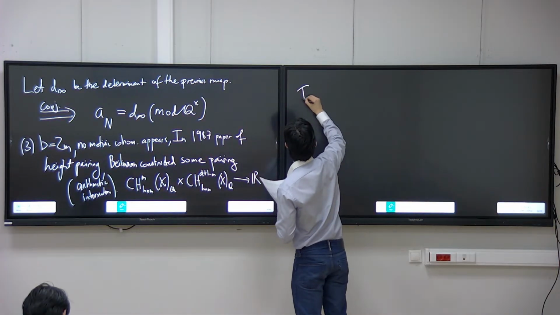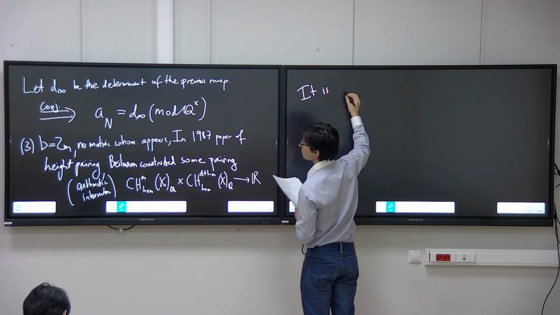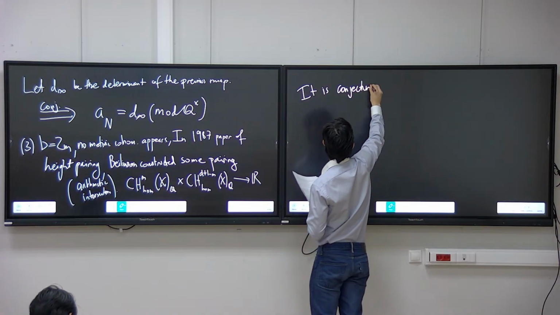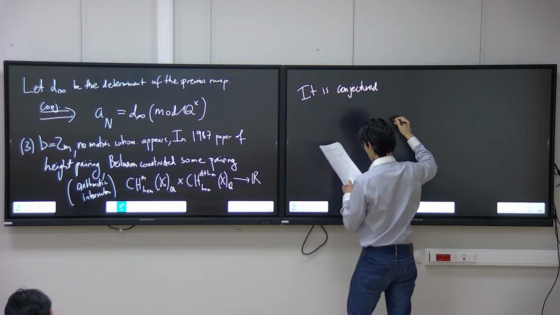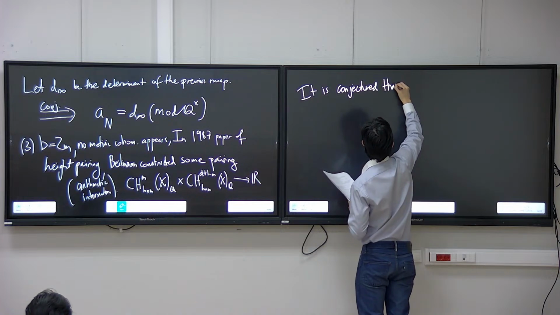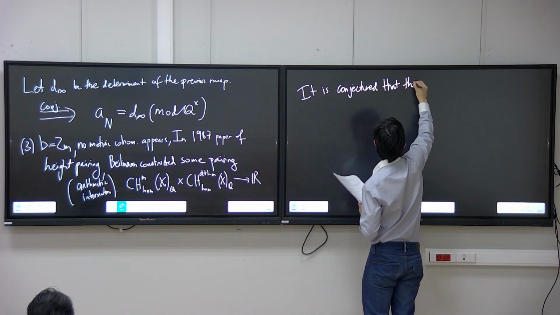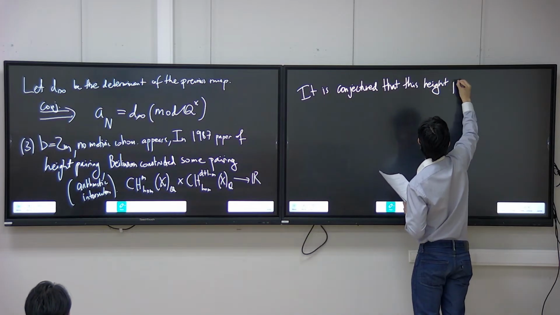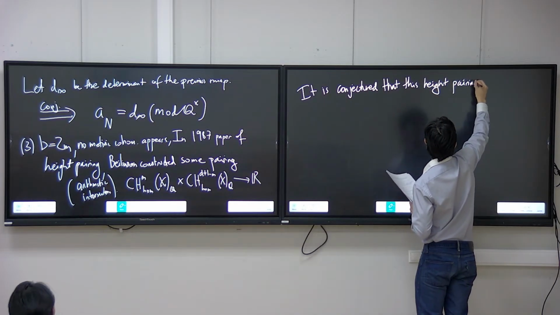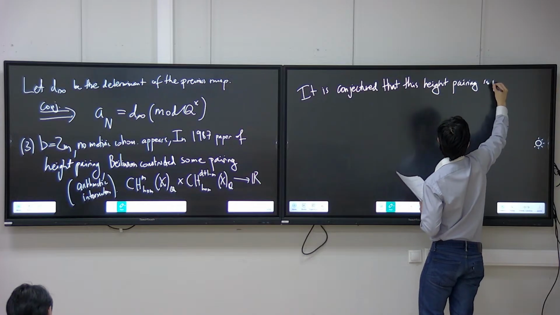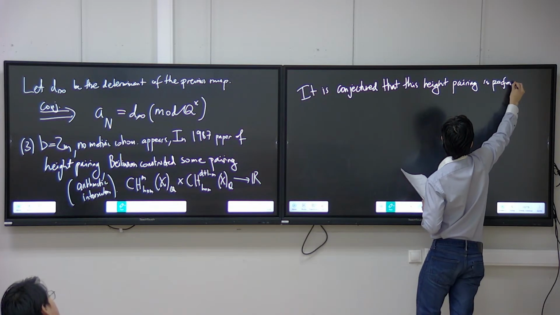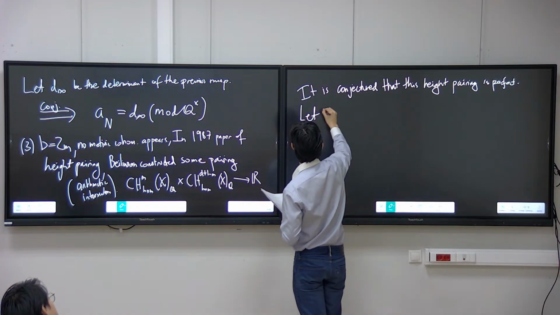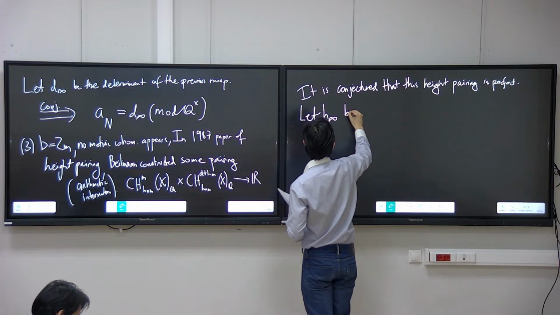It's conjectured, again this is like a conjecture within a conjecture, that this height pairing is perfect. So let H infinity be its determinant.